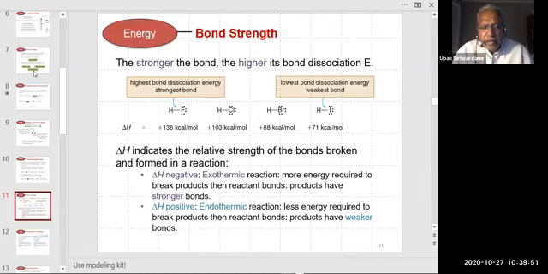When reactants have stronger bonds, the overall energy is absorbed, because less energy is released from the products, which have weaker bonds. So therefore, exothermic reaction.